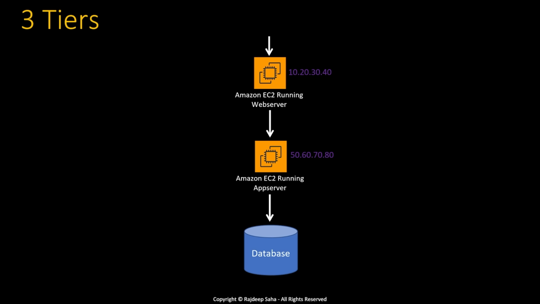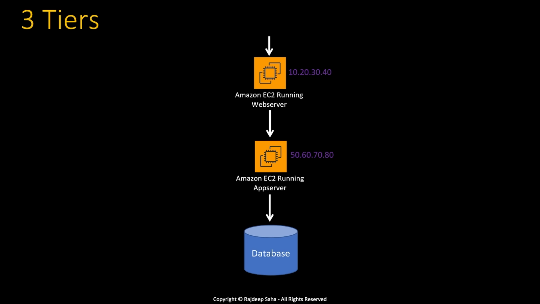Because you must not hard code these IP addresses into your application. Because this EC2 can go down, you might need to scale, so it's not reliable to go by one IP address because that IP address can change.